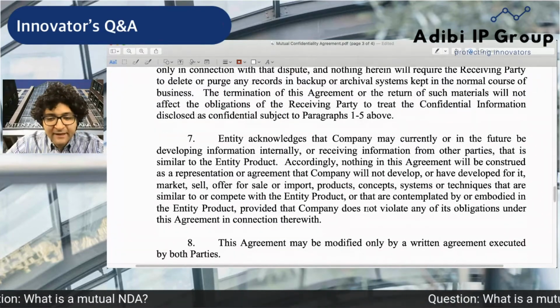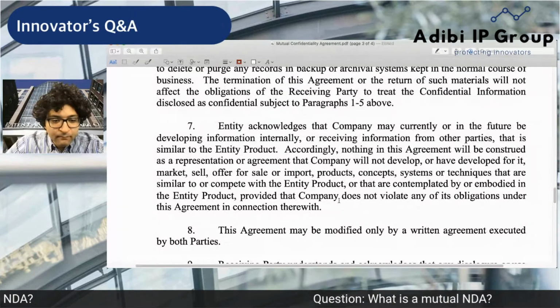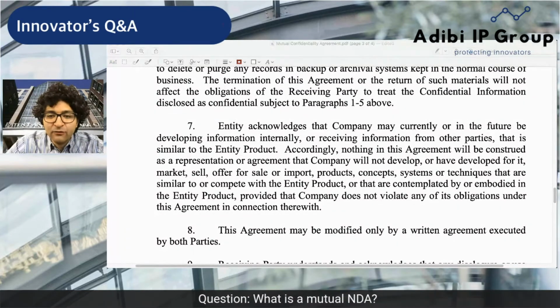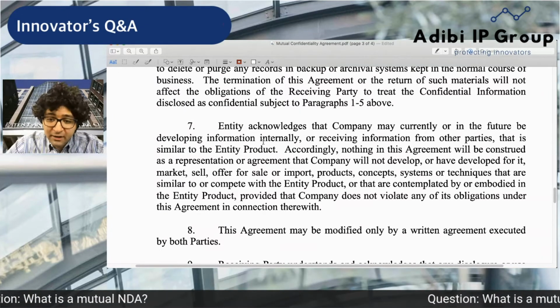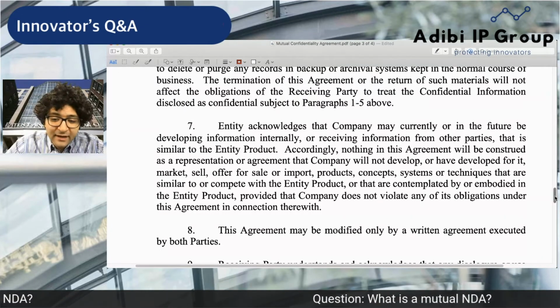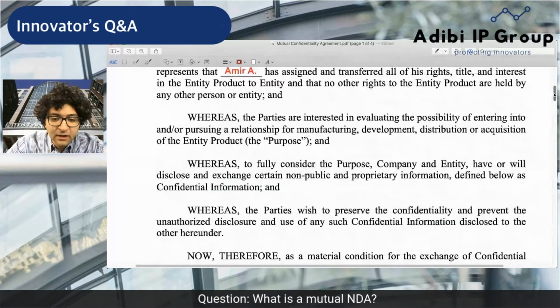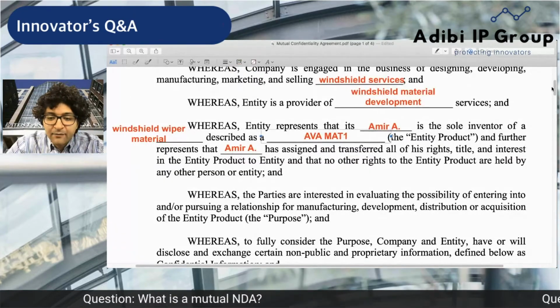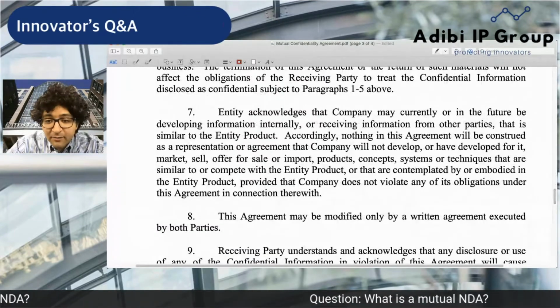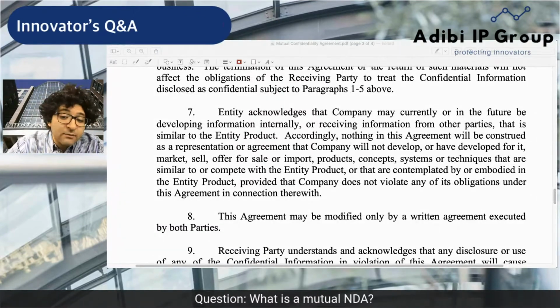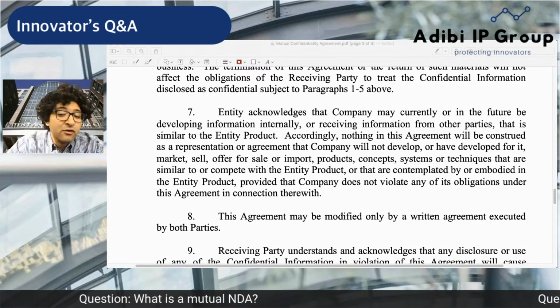This covers the fact that Victoria might receive information from another party that is similar to the product that I'm proposing. So the AVA MAT1 material, remember, there might be another company in the industry that's developing a similar product, and they also might want to disclose it to Victoria in a similar type of arrangement.